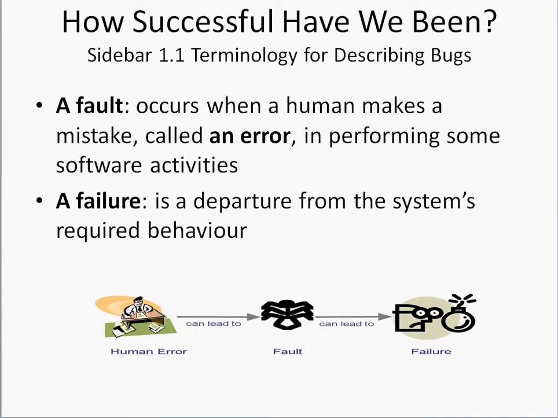Now, software engineering is not without failure. We can have faults or failures. A fault occurs when a human makes a mistake called an error, and a failure is a departure from the system's required behavior. So the way this all ties together is that through human error we can create faults which can lead to failures.